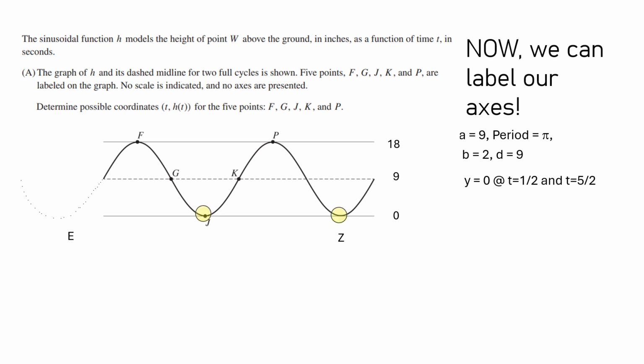So how do we figure it out? Well, think about if we made time 1/2 here and time 5/2 here, what's going to happen? Time 0 will be right here, because we had a 2-second period.